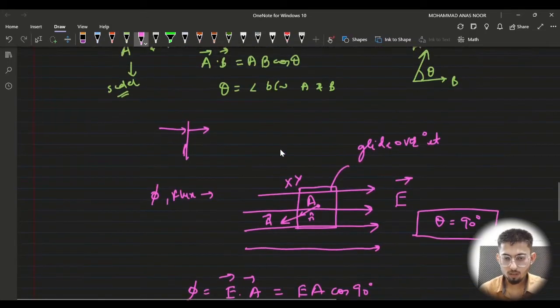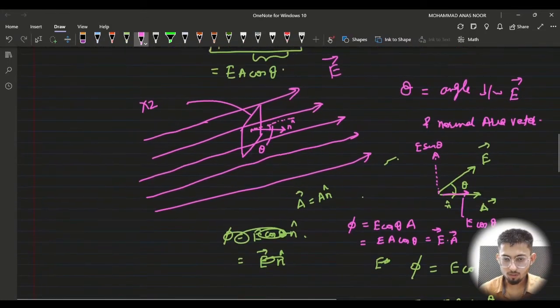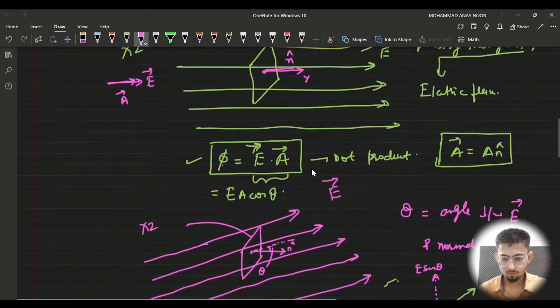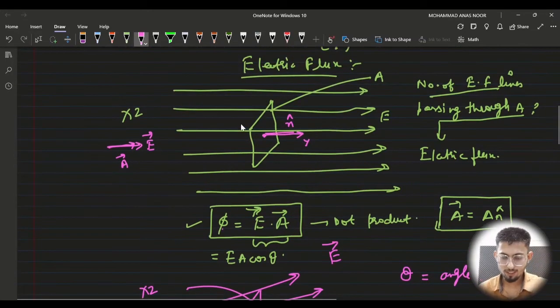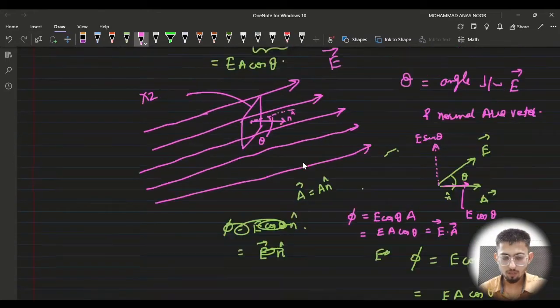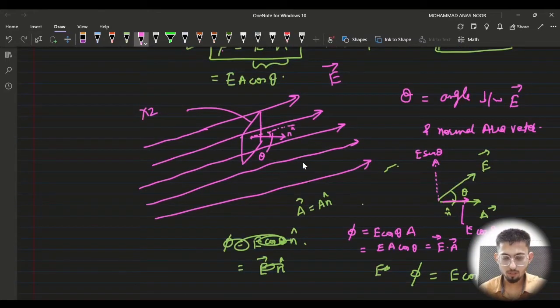Now this thing that I just told you, that flux is E dot A, is valid only when this electric field is constant. You can see everywhere that I took a constant or uniform electric field. But if there is a non-uniform electric field, then this will not be true.